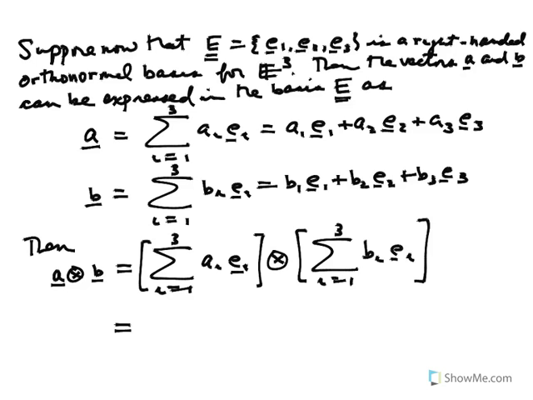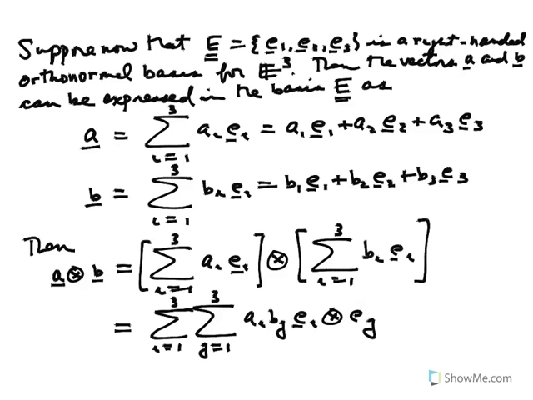The vector A expressed in this basis E, and similarly the vector B, are going to give all these tensor products formed from EI circle cross EJ. So this is actually going to equal the sum from I equals 1 to 3 of the sum from J equals 1 to 3 of AI BJ EI circle cross EJ.